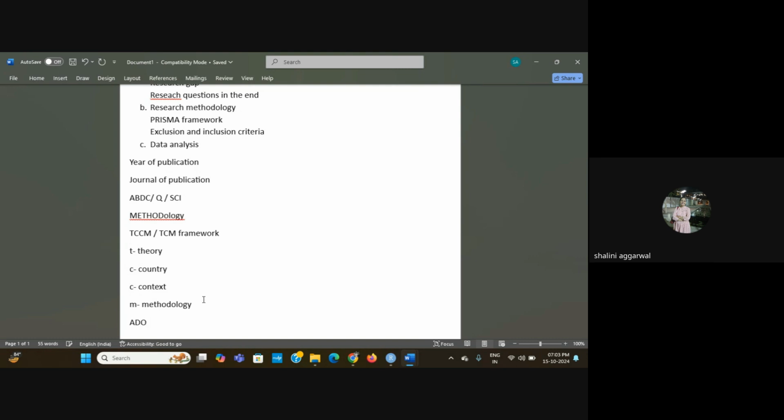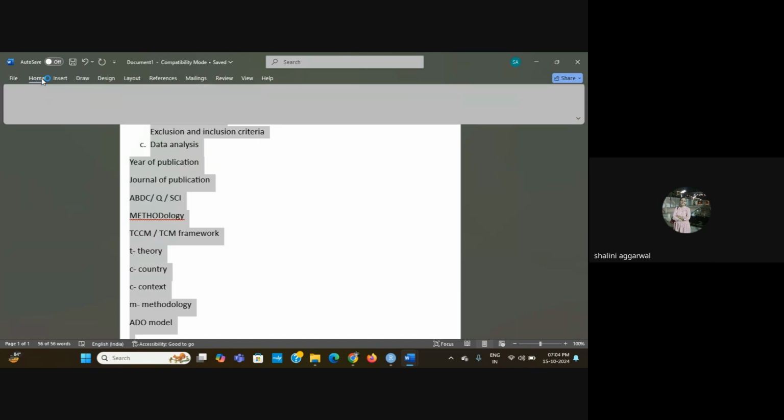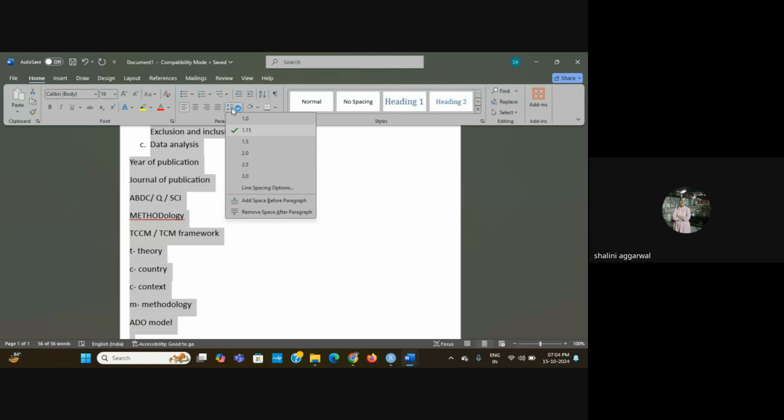The ADO model is also very, very important. If you design the ADO model, that gives more weightage to your SLR paper, because this is one of the most important parts. The TCCM framework and the ADO model are among the most important things. So whenever you are writing an SLR paper, my advice to all of you is to follow this.